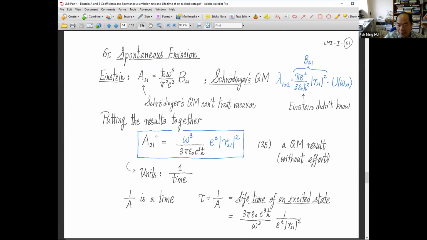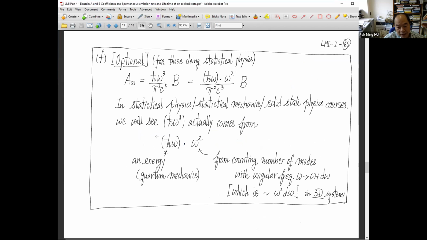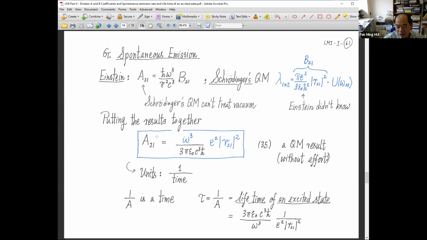So finally, let's take Einstein's result, and then suddenly we even know the formula for spontaneous emission. Okay, so that ends the discussion on Einstein's AB coefficient. So let us write something out explicitly.